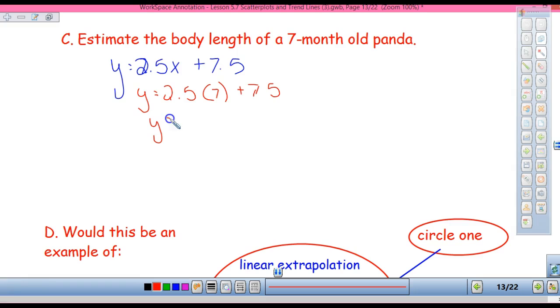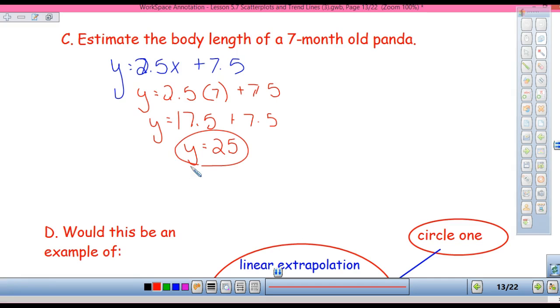So y equals, what's your 2.5 times 7? Guys, we're still doing this one. You're going to need to know how to do this in order to do your worksheet. 17.5 plus 7.5 is 25 even? All right. So at 7 months old, this panda would be 25 inches.